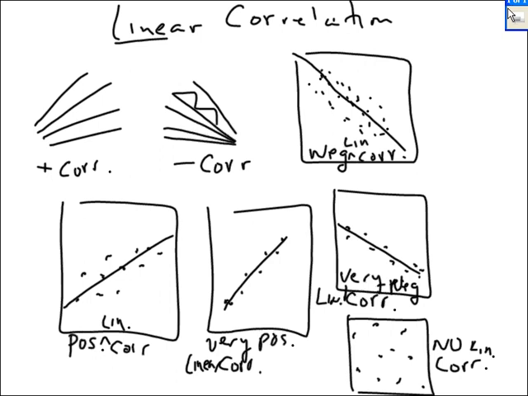Okay. So now, it would be real good if we can quantify this: very strong correlation, no correlation, little correlation. Well, fortunately, we can. There is yet another formula that measures the value of the linear correlation.